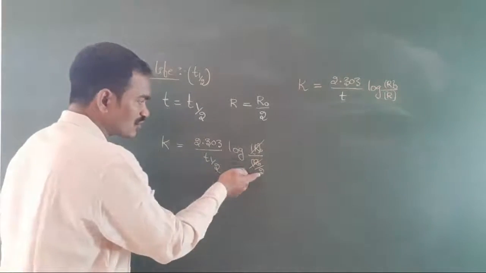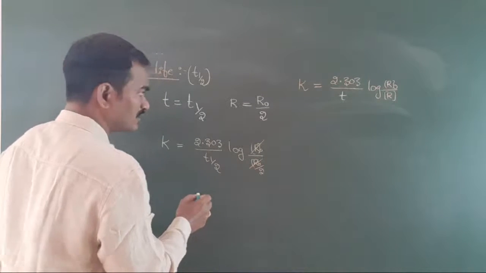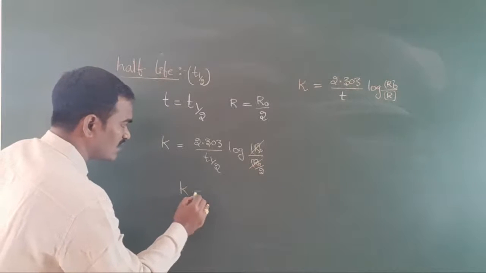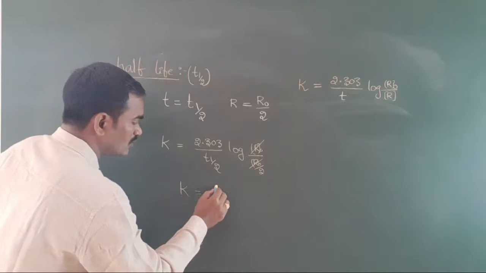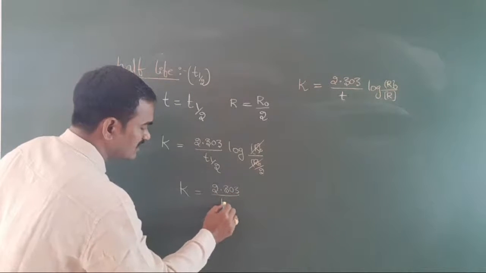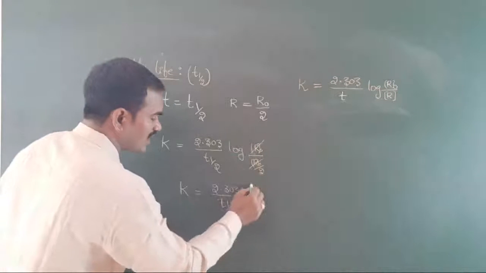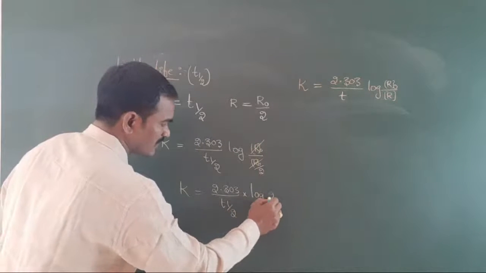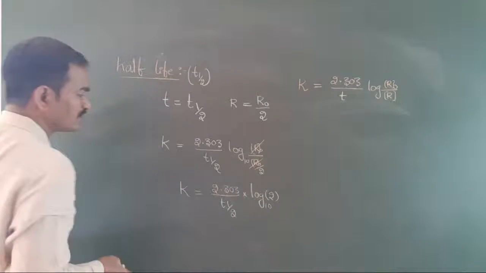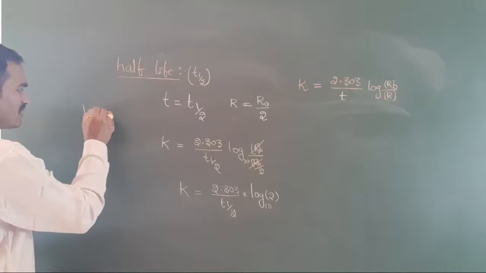So now these two come upside. Therefore K is equal to 2.303 by t half into log 2, base 10. You know very well this is base 10 only, no? So log 2 value, you all know very well, log 2 is equal to 0.3010.